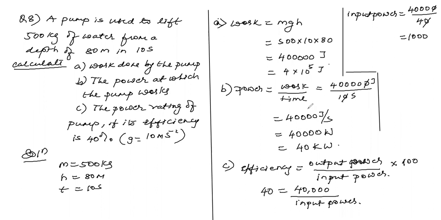This is 4 lakhs, okay? 40,000 into 100, children. Into 100. So how much do I get? 1, 2, 3, 4, 5. So I can write it as 100 kilowatt.